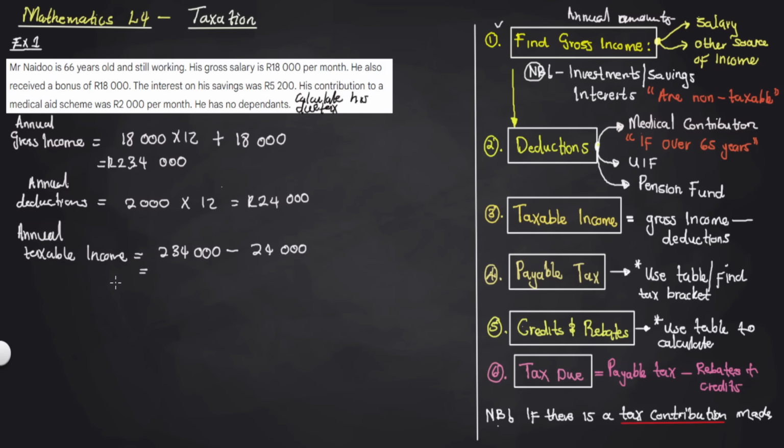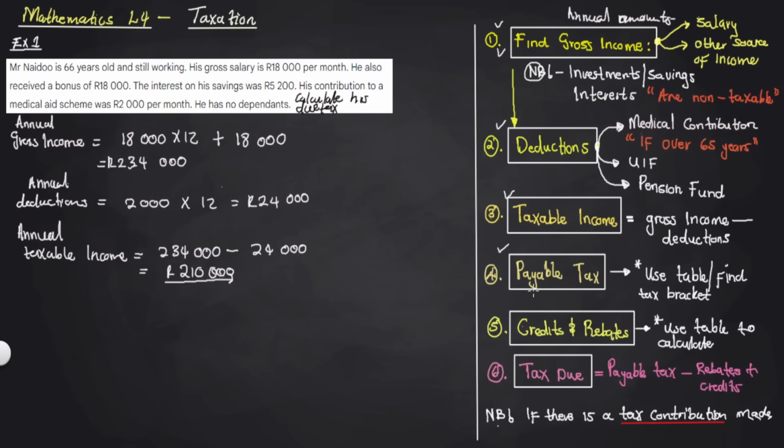This is going to be equal to 234,123 minus 24,123. Then we get an amount of 210,000. This is the taxable income. Okay, taxable income. Number four, we found the annual gross, the annual deductions, and the taxable income.